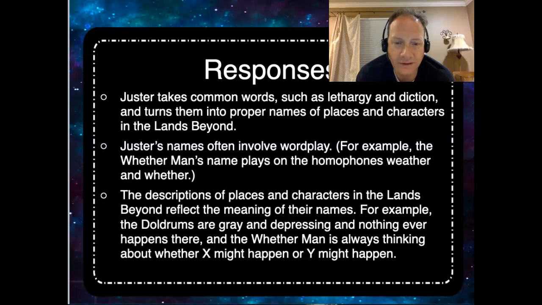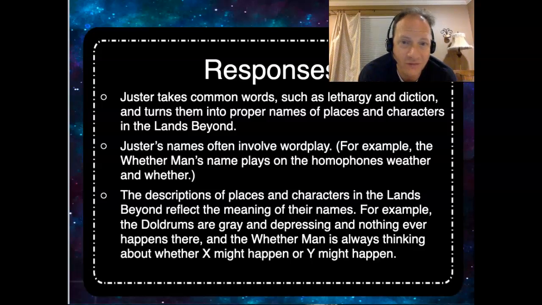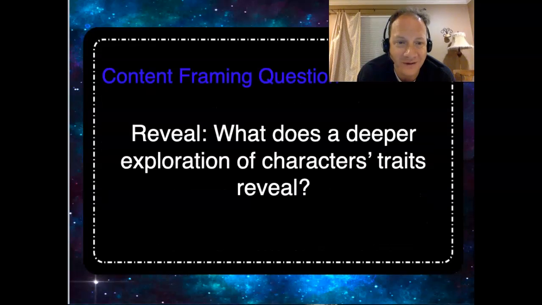The descriptions of places and characters in the lands beyond reflect the meaning of the names. For example, the Doldrums are gray and depressing, and nothing ever happens there. And the Weatherman is always thinking about whether X might happen or Y might happen. Remember, whether or not this takes place or that takes place, that's what the Weatherman worries about.